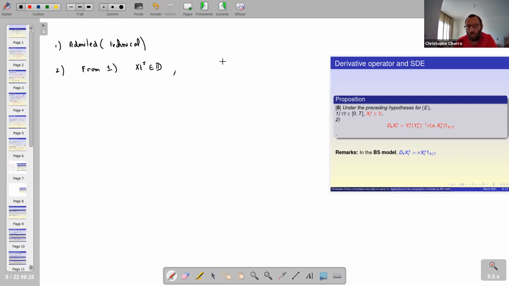And I know from the fact that X follows equation E that X_t of small x is given by x plus the integral between 0 and t of b(u, X_u(x)) du plus the integral between 0 and t of sigma(u, X_u(x)) dB.